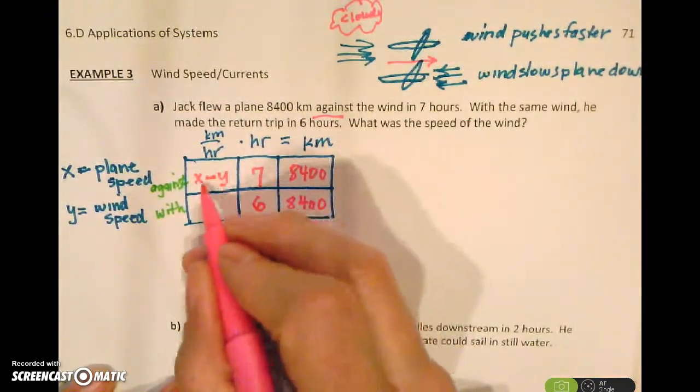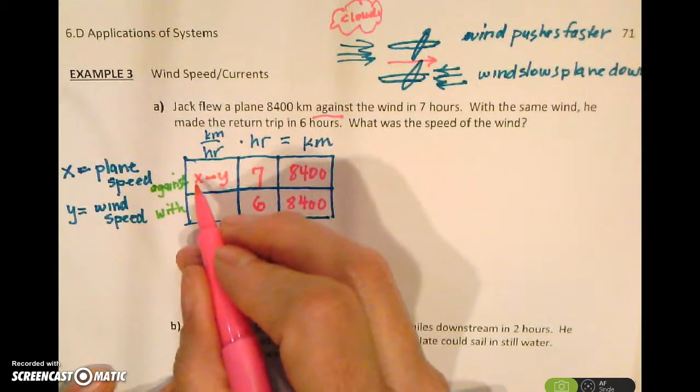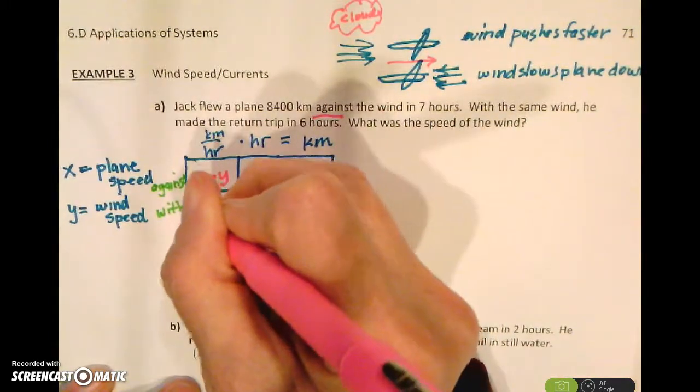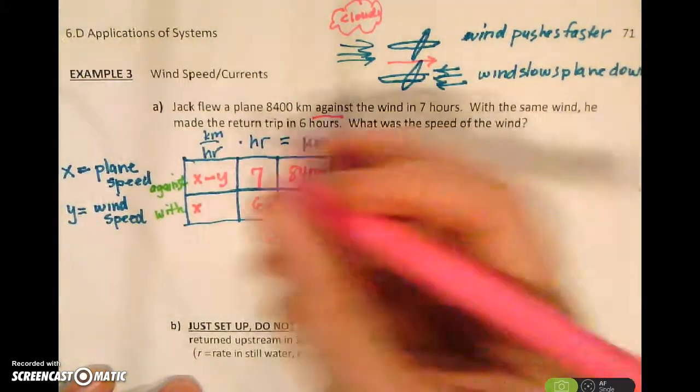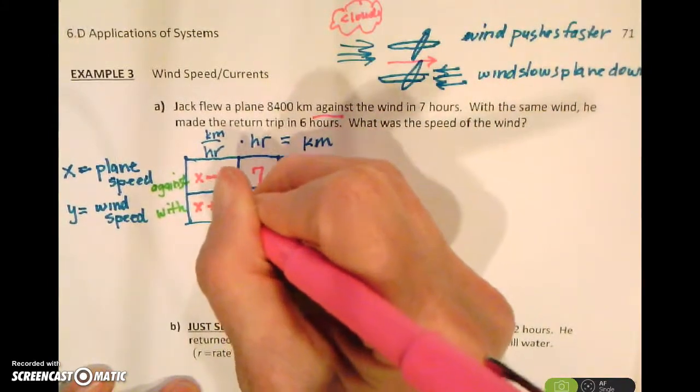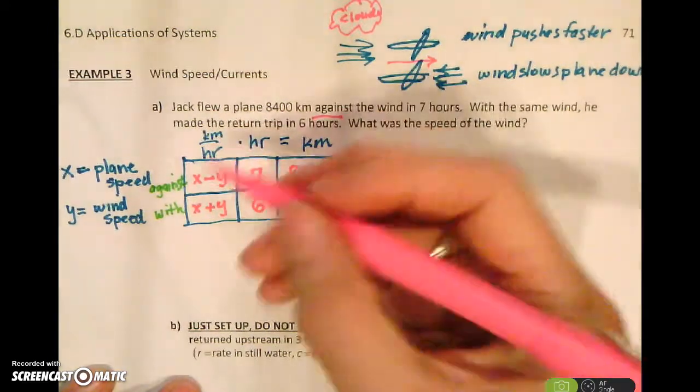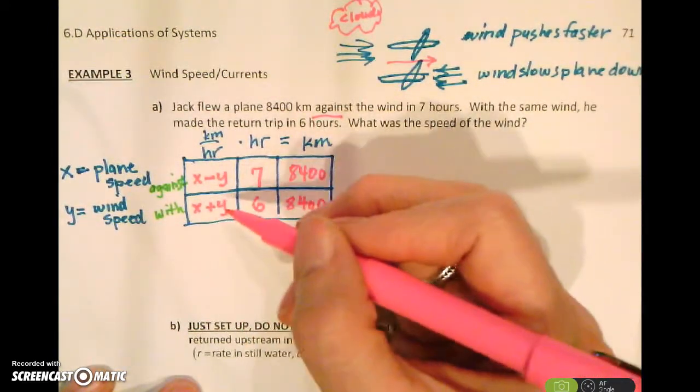The wind is going to make it go slower than it typically would in still air. And when he's going with the wind, we still have that same speedometer speed, but this time the wind is pushing it along a little faster, so I'm going to put plus the wind speed. So x minus y, x plus y.